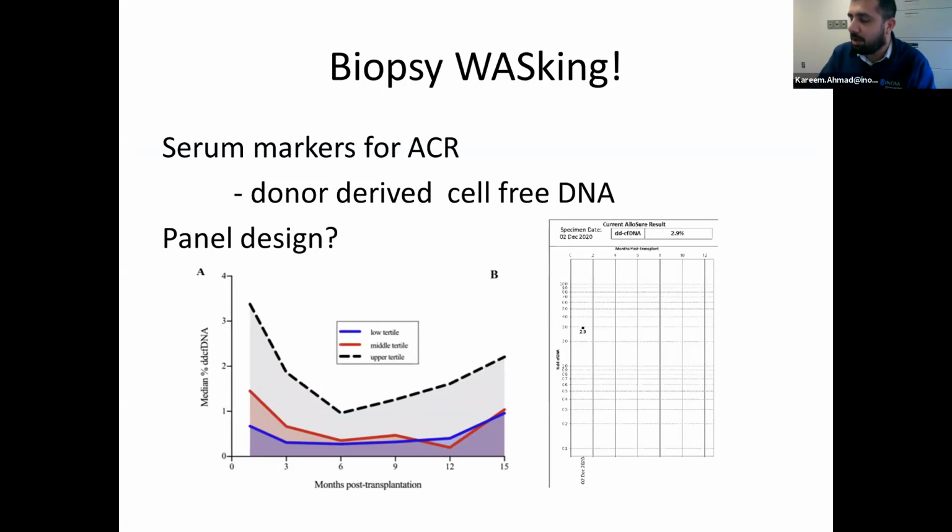Is it the immune system coming in to reject the organ, or is it the immune system coming in to clear out an infection? You don't know. So that is where things are headed: can we figure out what the underlying cause is? We know that donor-derived cell-free DNA actually rises sooner than we can detect antibodies.